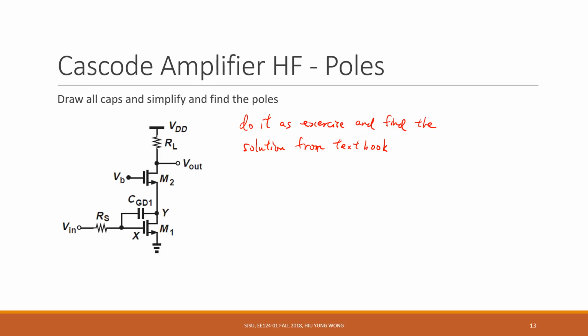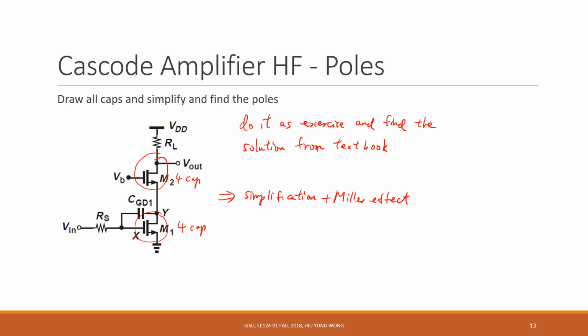Basically, just add 4 capacitors to M1, right? And then add another 4 capacitors to M2. And then what? Then use simplification. What is the simplification? If they're connected both to the same node, they have no effect. If they're in parallel, combine them and then combine with the Miller effect, right?